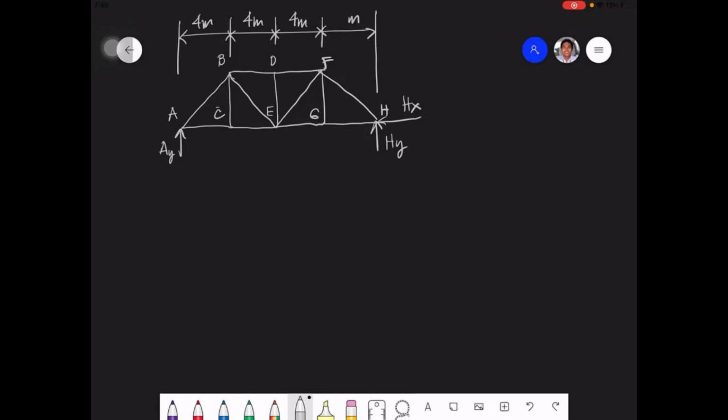And we have this height, 3 meters. With the forces at points C and G, this is 30 kilonewtons, and this is 70 kilonewtons.